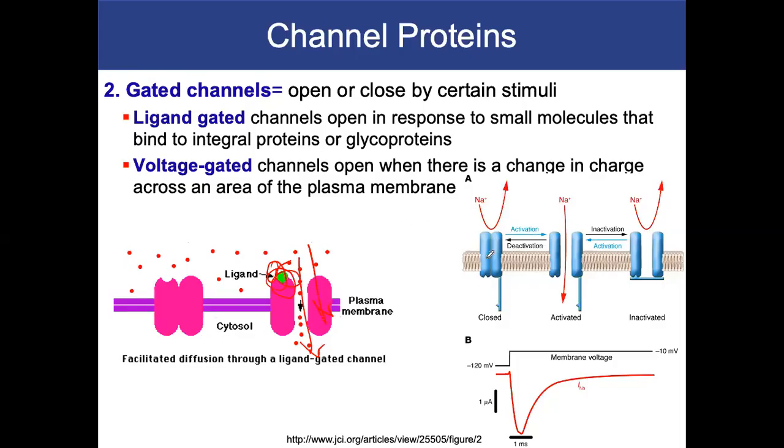Voltage gated channels, once that cell hits a certain voltage, that channel pops open, okay? And for sodium voltage gated channels, they're open, then they become inactive, then they reset to closed. Then they're open, inactive, closed, open, inactive, closed.